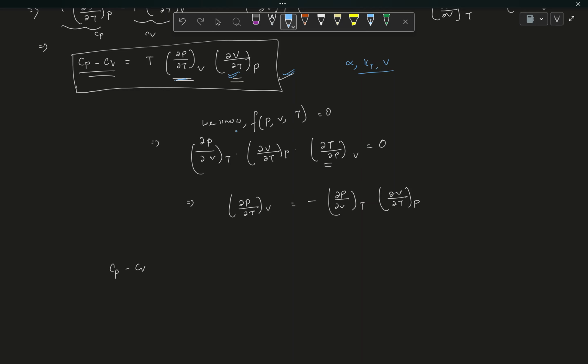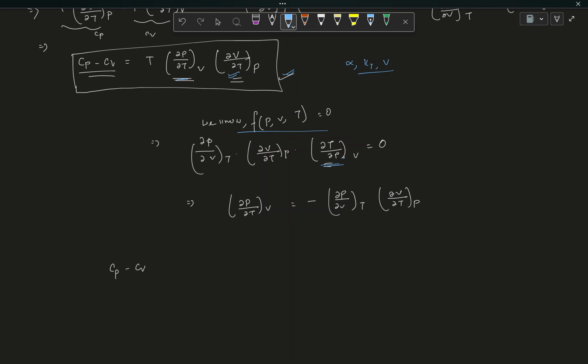Because p, v and t are all thermodynamic variables, they can have a relation like f of p comma v comma t is equal to 0, and then they can have a partial differentiation relation where each of the variables is taken in a particular order like this, and this is equal to 0. So from here we can get that del p del t is this term's inverse.